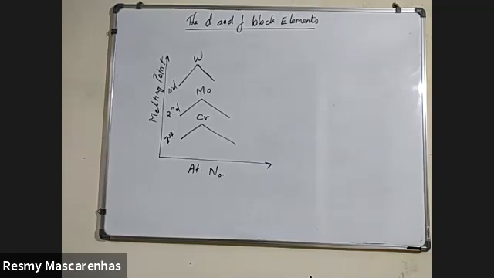Next, take down the next question. Why do the second and third transition series have higher enthalpy of atomization than the first transition series?